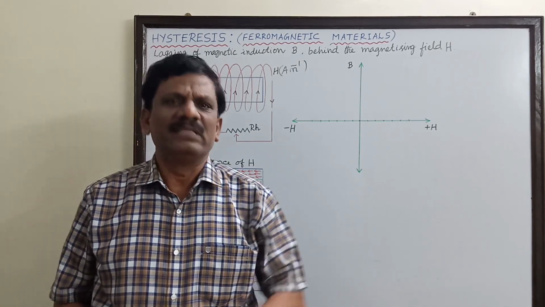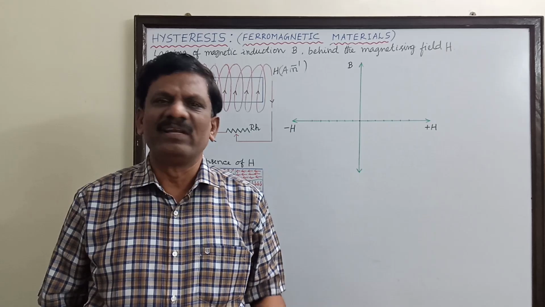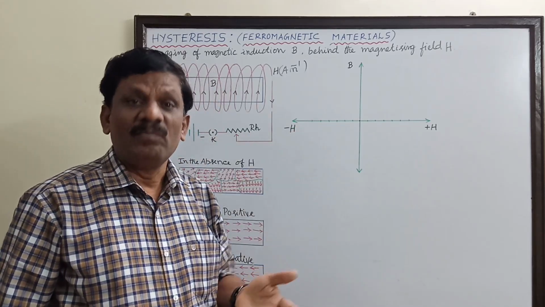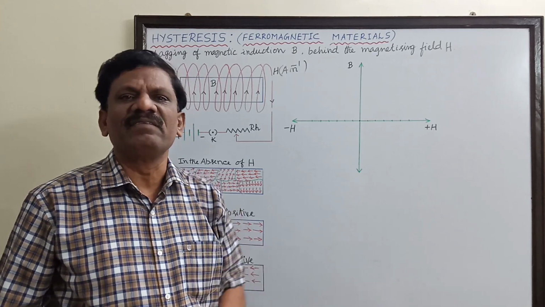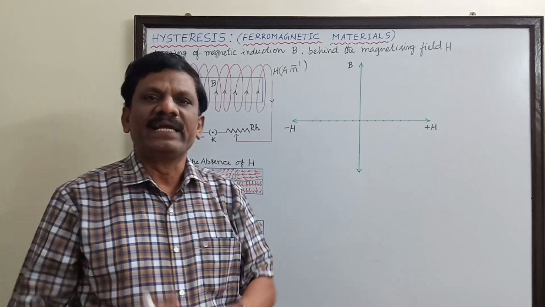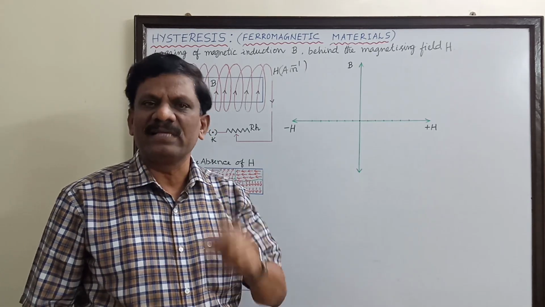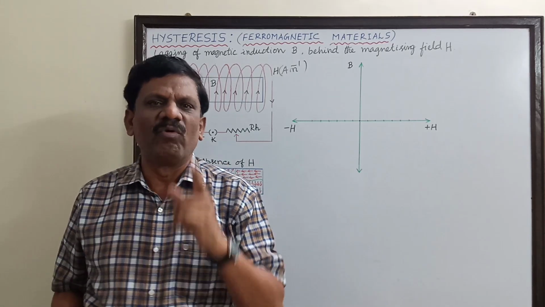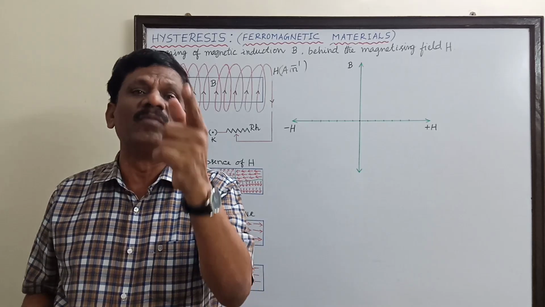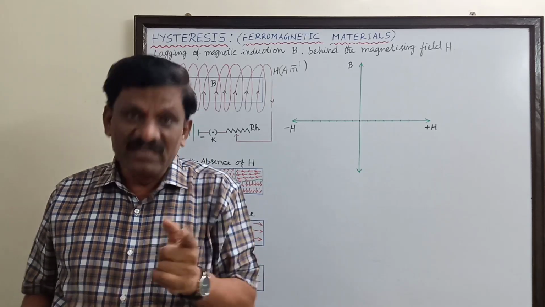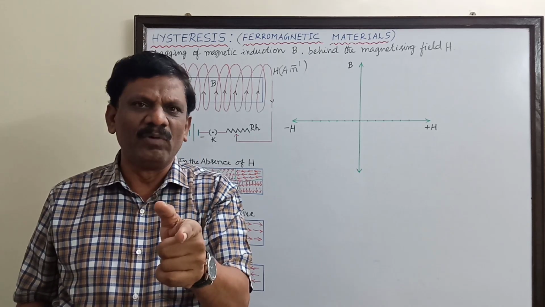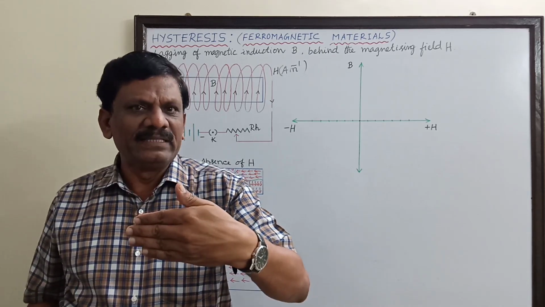Understand? Sir, there is no negative magnetic field available actually. The magnitude once again increases, but the direction of the magnetizing field is reversed. Such a negative magnetizing field only is called a coercive field. And it is exerting a force on each and every dipole moment of the atom, on each atomic dipole, to turn back in the reverse direction.